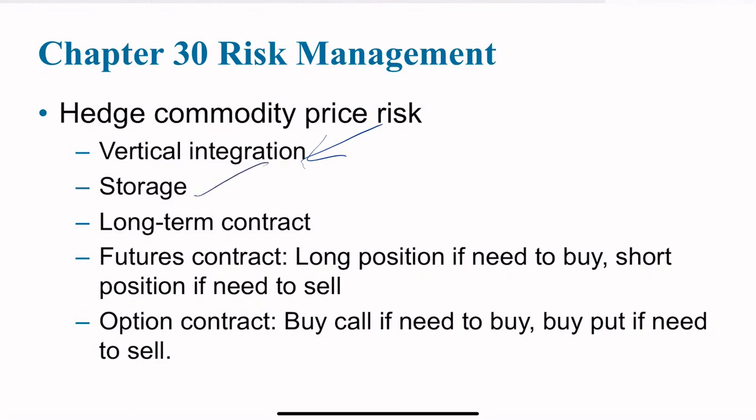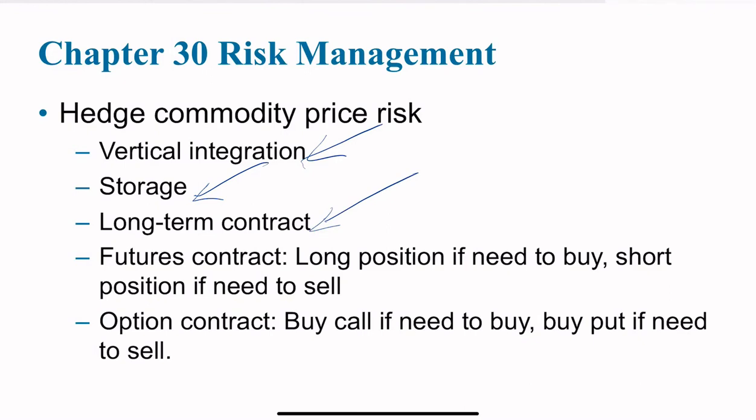Then you could also do storage, which means you can buy 1 year of wheat, then you can guarantee that for the next year, you don't need to suffer from changing wheat price because you have wheat in your storage unit.